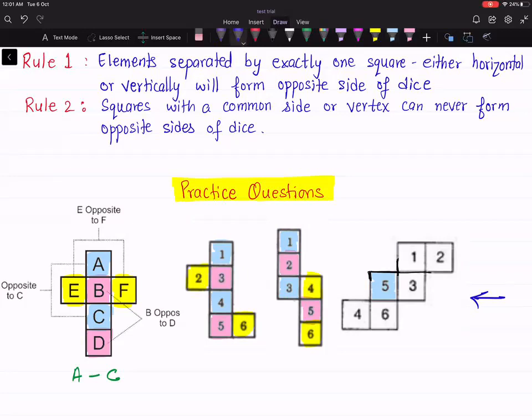If you see, this number 5 is sharing a side with number 3, sharing a side with number 4, is sharing a vertex with number 4, is sharing a vertex with number 1, right? So 1, 3, 4, 6 cannot be the opposite side. Only possibility is the 5 is opposite side of 2. That's the only possibility.